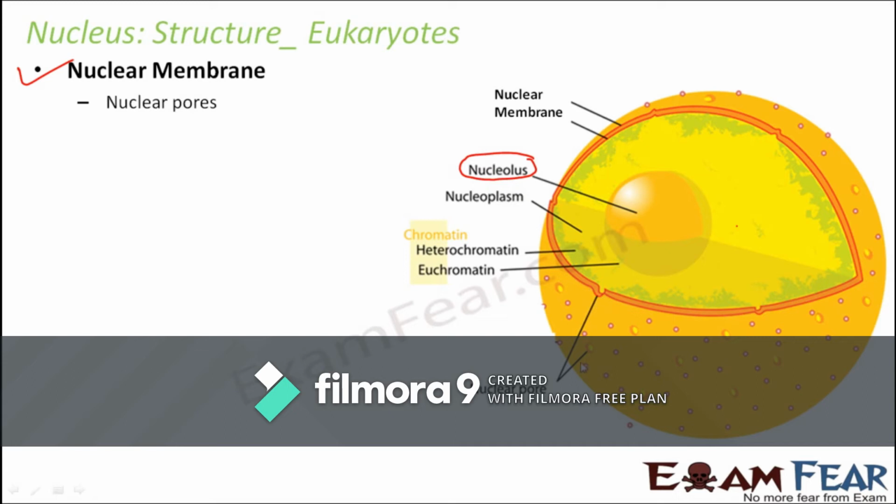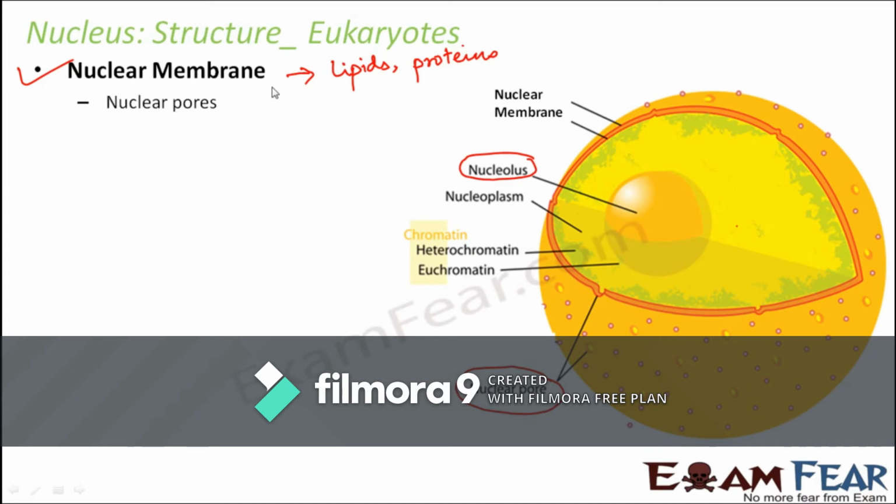These are the tiny pores, and they are called nuclear pores. The nuclear membrane is made up of lipids and proteins. You remember, lipids and proteins also form the cell membrane. So the same things form the nuclear membrane as well.